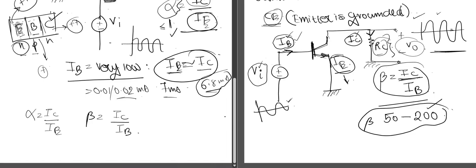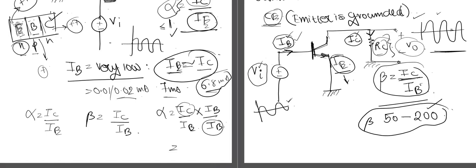So let us do one thing. Alpha is equal to IC by IE. We multiply and divide it by IB. So IC by IB is equal to beta, and it will be IB divided by IE.